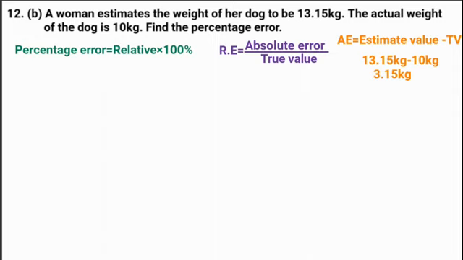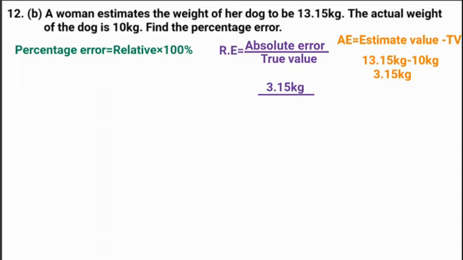So we come here to the middle where I was working with a purple color. The absolute error is 3.15 kg, which will be over the true value, and the true value is 10 kg.